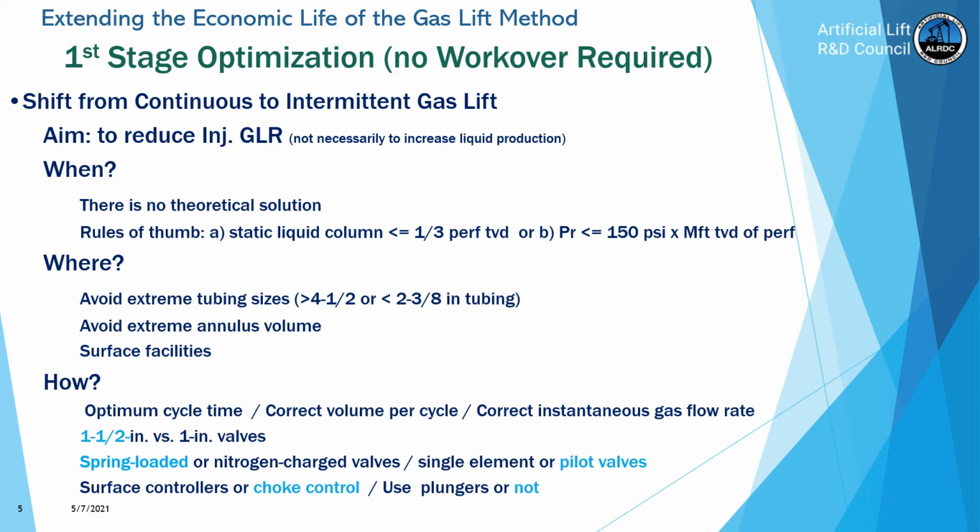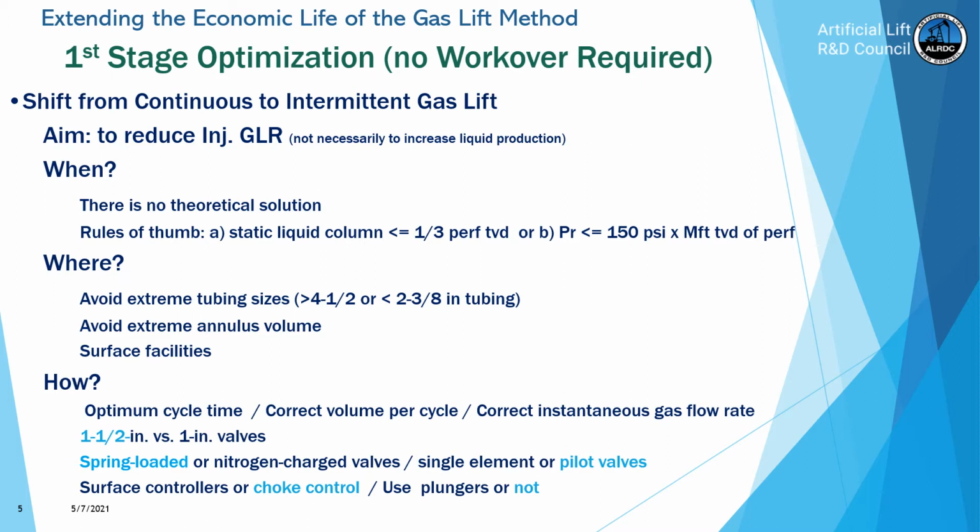For example, if the distance from the top of the perforation to the static liquid level is less than or equal to 1/3 of the TVD depth of the top of the perforation, or if the reservoir pressure is less than or equal to 150 psi times the TVD of the perforation measured in thousands of feet, then it might be time to go from continuous to intermittent.